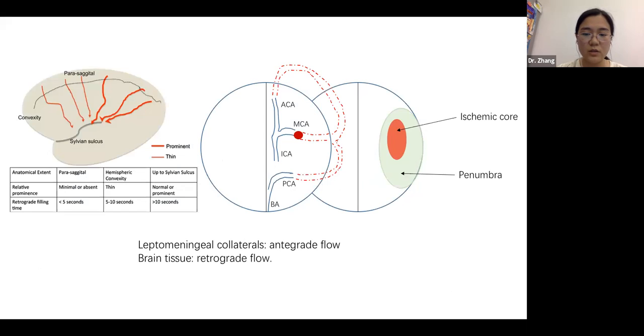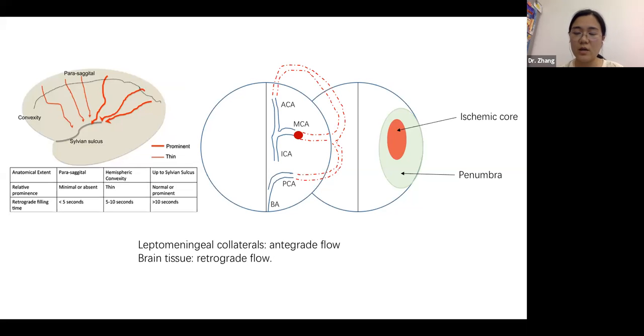And the leptomeningeal collaterals, actually, if we are normal, we are antegrade flow. But for the brain tissue, the collaterals are retrograde flow. So there is a delay of the collateral flow, because if it is normal blood flow, it goes through the anterior circulation, into the middle cerebral artery, and the blood flow just goes across and into the brain tissue.